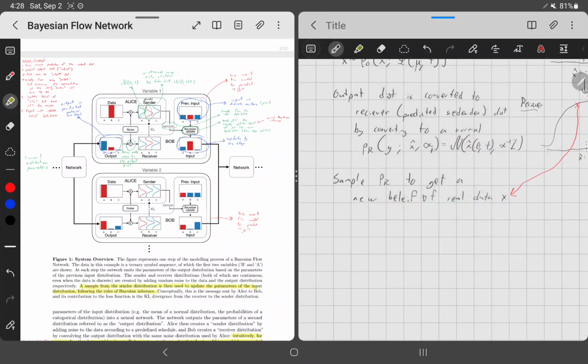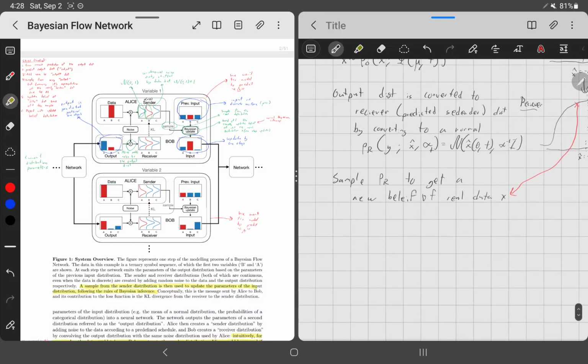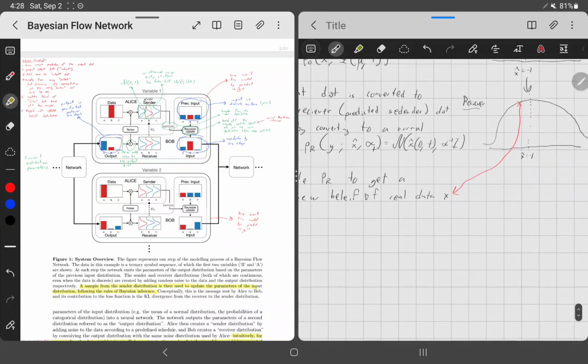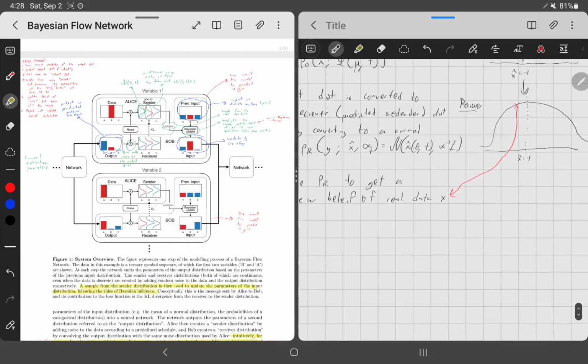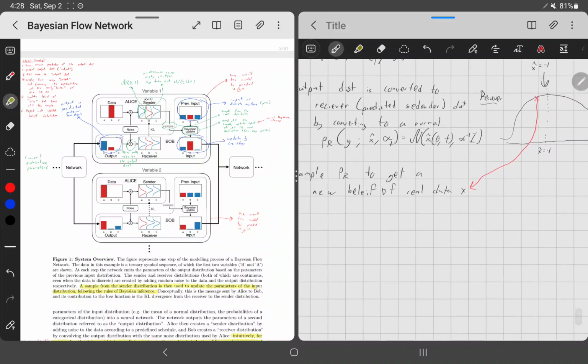Now, using Bayesian inference, you can update this slightly because now you're a little bit more knowledgeable of what your output distribution will be like. And that assumes that your model is trained well.